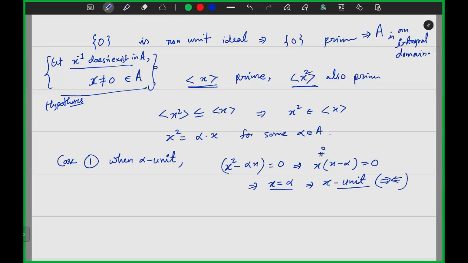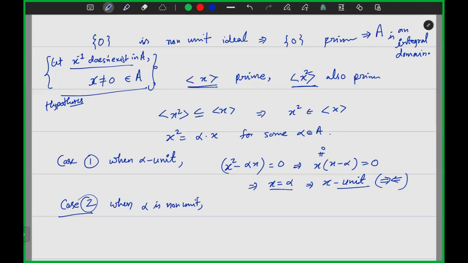Now coming to case 2, when alpha is non-unit, we'll get some contradiction again. x will then not be prime. x square will not be a prime element, so it can't generate a prime ideal, right?